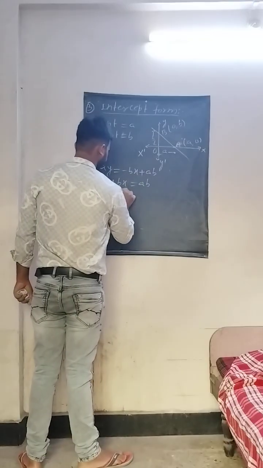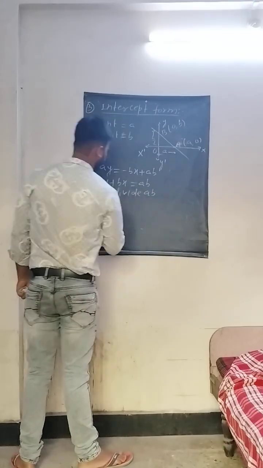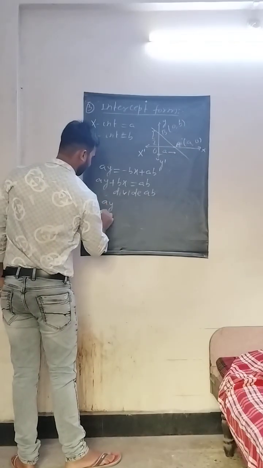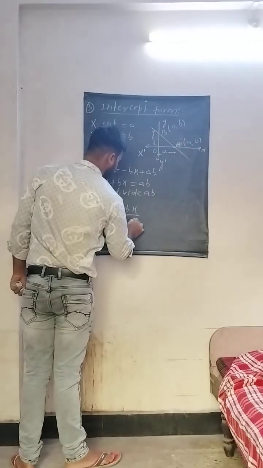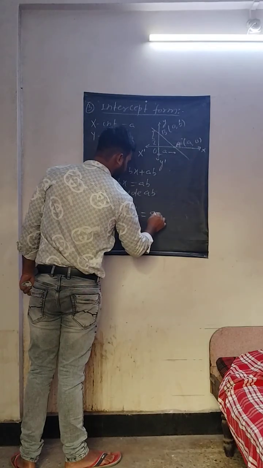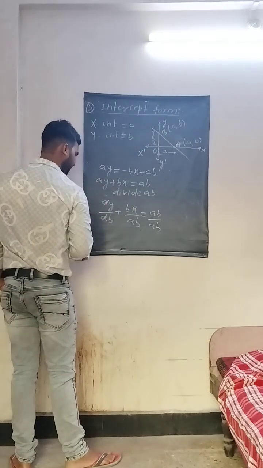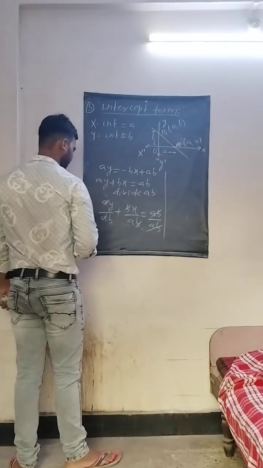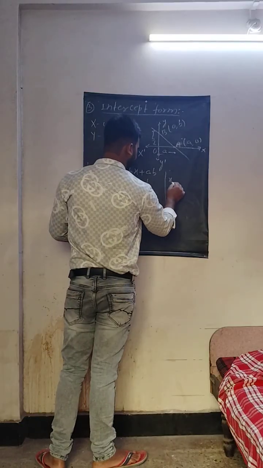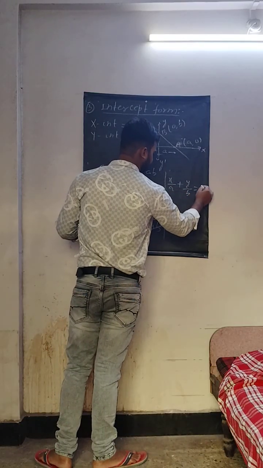Divide by ab: ay by ab plus bx by ab is equal to ab by ab. The a cancels, the b cancels, and so I can write x divided by a plus y divided by b equal to 1.